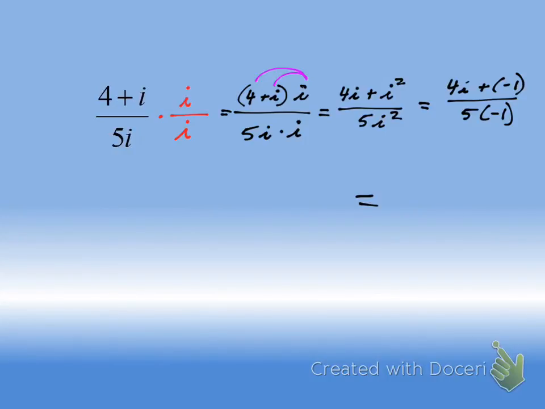Okay, finishing up right here. What's plus and negative become? Negative. So you have 4i minus 1. And what's 5 times -1? -5. For you guys, you're done. Okay. See how you moved the i from the denominator and got rid of it? Okay.